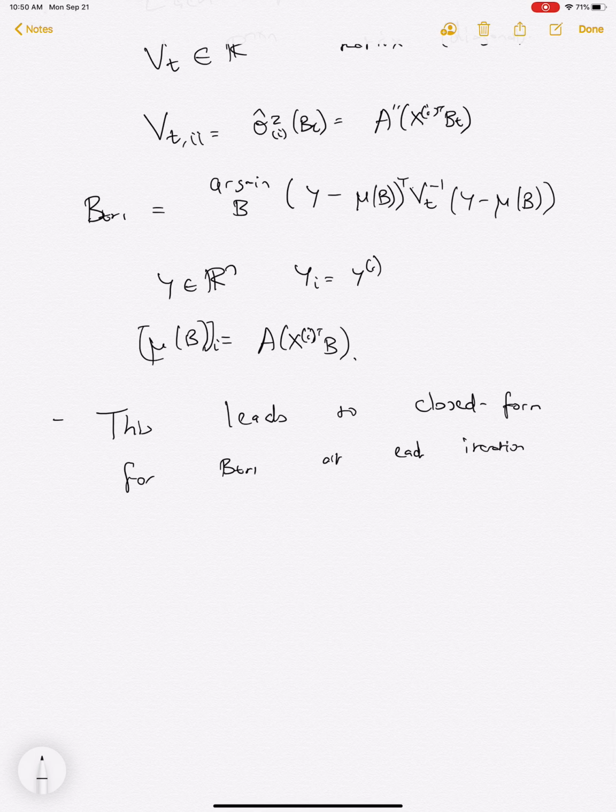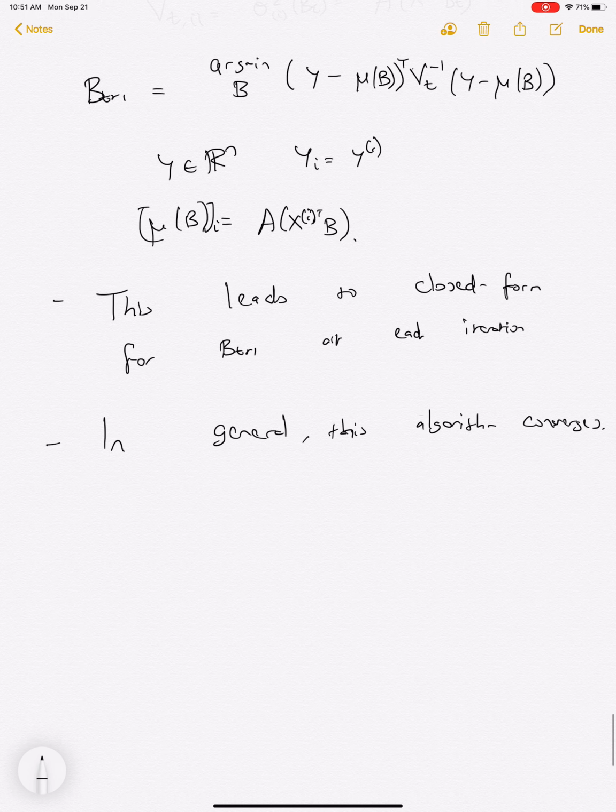And under mild conditions, in general, this algorithm converges.